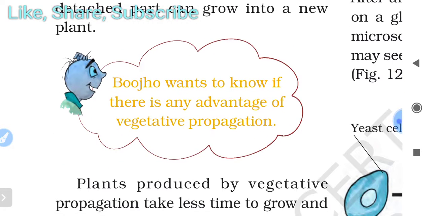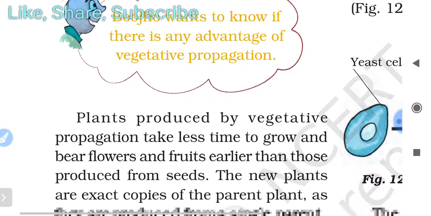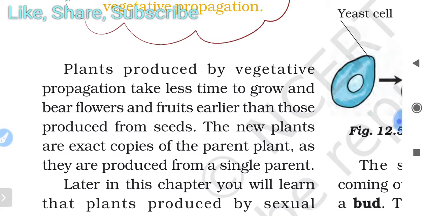Now Boojho wants to know if there is any advantage of vegetative propagation. So what is the advantage? Plants produced by vegetative propagation take less time to grow and bear flowers and fruits earlier than those produced from seeds. So two benefits are there. One is that it takes less time.